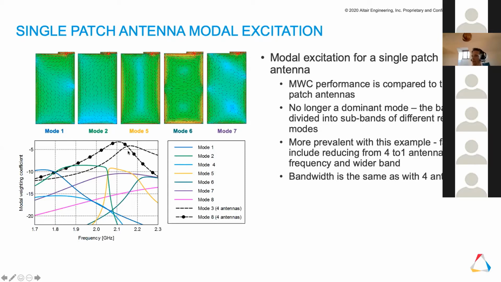So what we see effectively when we reduce the number of transmitters is, once again, more modes that are excited, but the behavior is a bit different. We see kind of a sub-out of resonance throughout the band. But once again, despite quite big differences in the modal weighting coefficient, the bandwidth remains unchanged here.